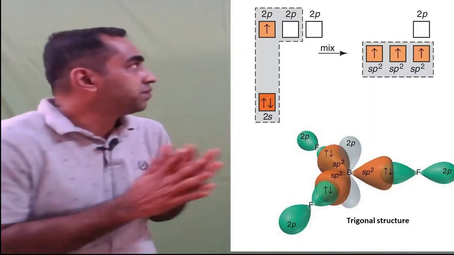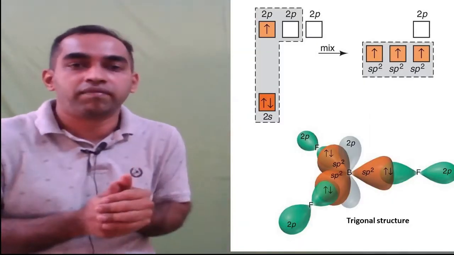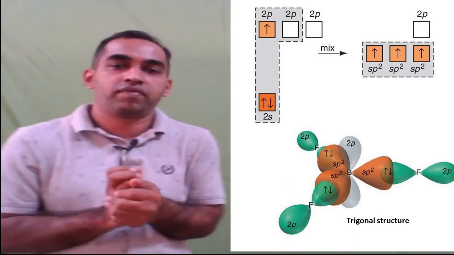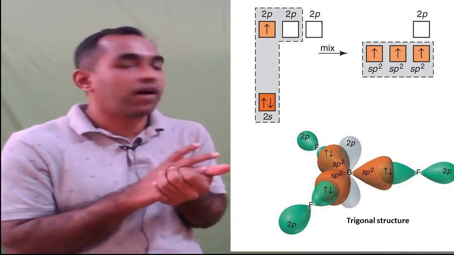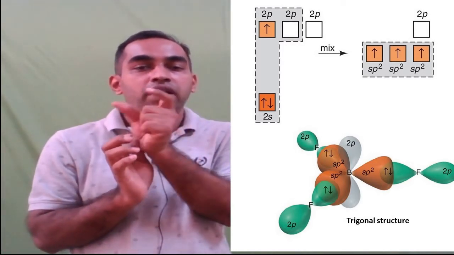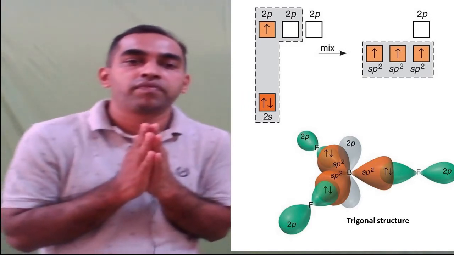Now, we will come to some inorganic examples. The best example is BF3, boron trifluoride. Boron has atomic number 5, so the electronic configuration is 1s2, 2s2, 2p1.